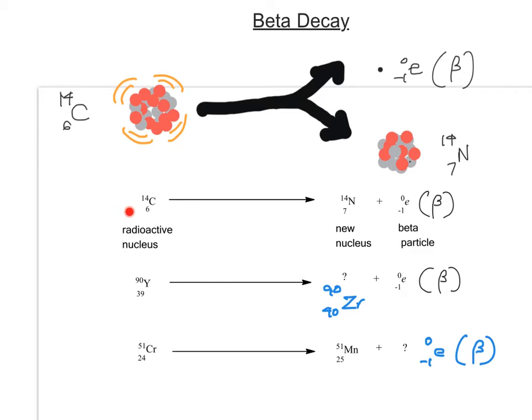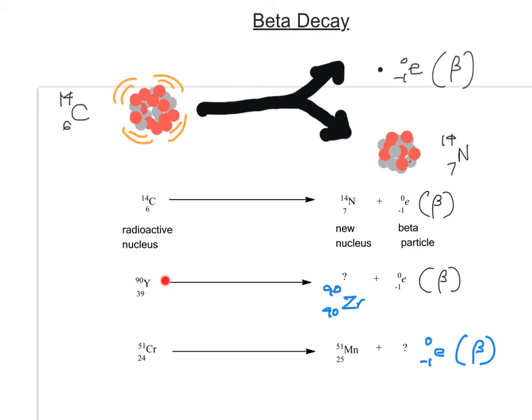In the radioactive decay of carbon-14 by beta radiation, the resulting nucleus will have an atomic number of 7, which is nitrogen. The mass number stays the same at 14.